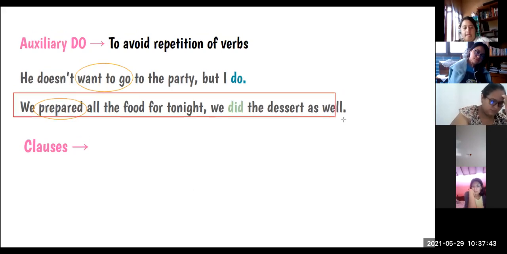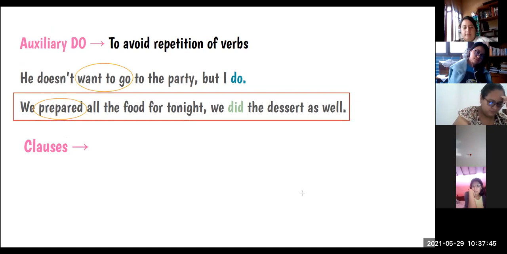This is a sentence, right? How many clauses do you think we have in this sentence? How many clauses? Remember that two, right? Which one is the first one?